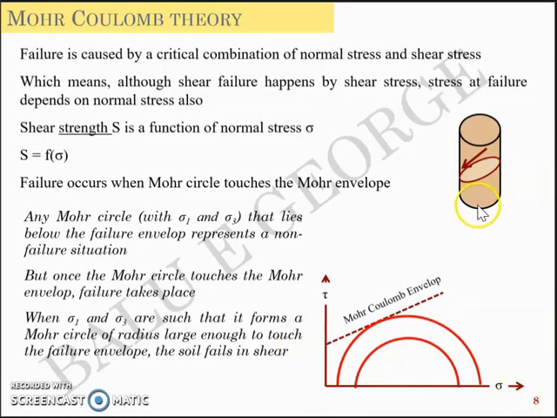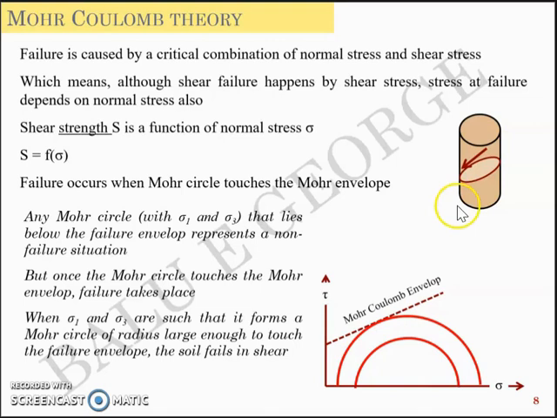Assume that you are trying to load the cylindrical sample with 5 kilopascal sigma 3 and 10 kilopascal sigma 1, and it represents this small circle. And when you increase the sigma 1 value to 20 and keep sigma 3 as 5, the difference between sigma 1 and sigma 3 turns out to be 15, and it'll have a bigger circle that touches the Mohr Coulomb envelope, and it just starts to slide and gives failure to the soil.